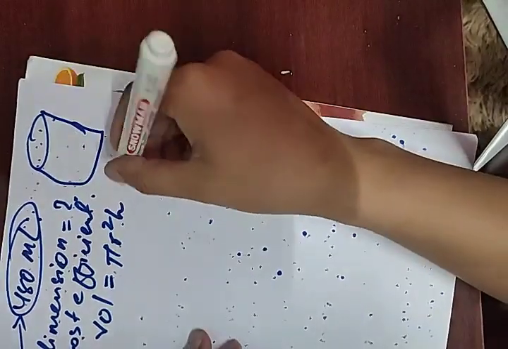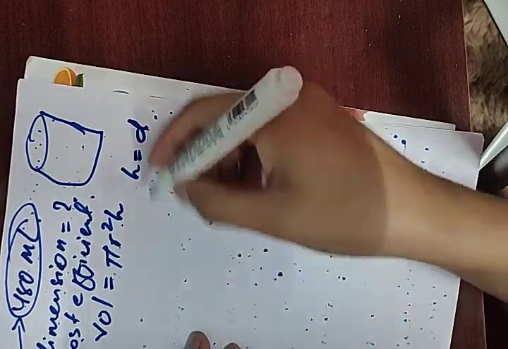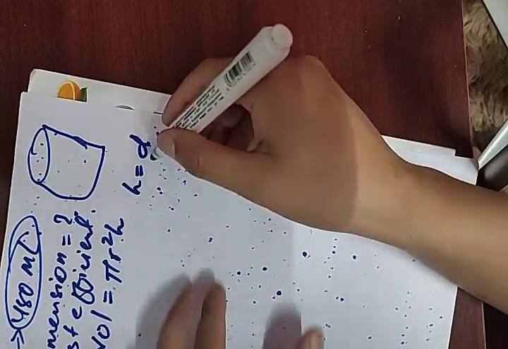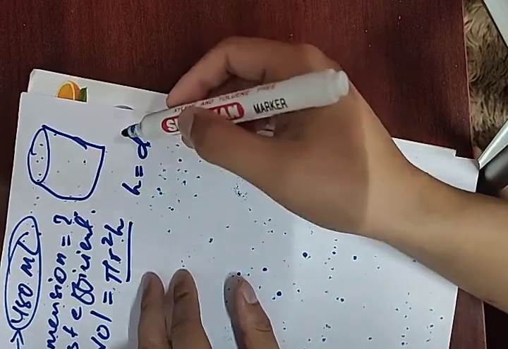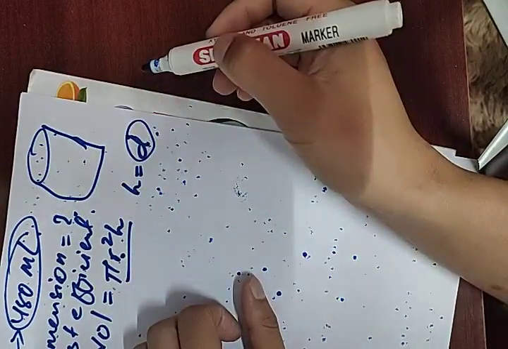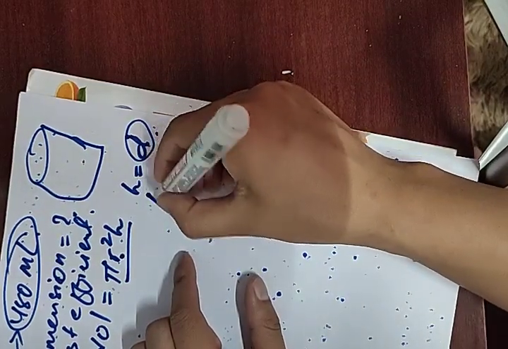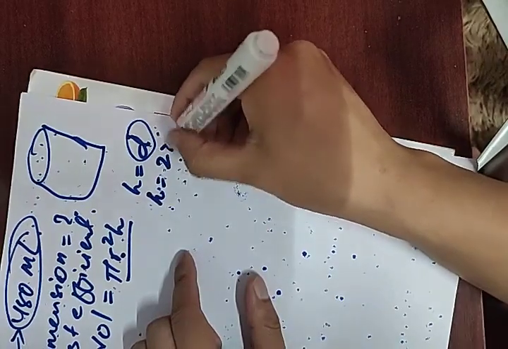Then here you can consider that h is equal to d. But in the formula you can see d is not used, but r is used. Therefore you can say that h is equal to 2r.